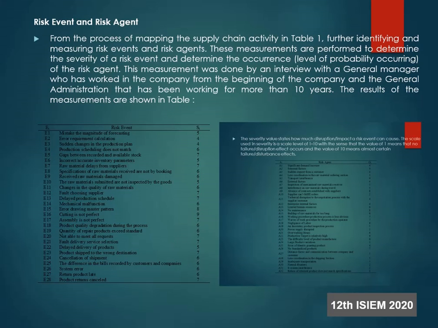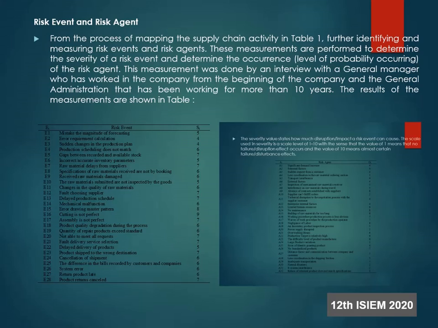Risk event and risk agent. From the process of mapping the supply chain activity, we further identify and measure risk events and risk agents. This measurement is performed to determine the severity of a risk event and the occurrence of the risk agent.